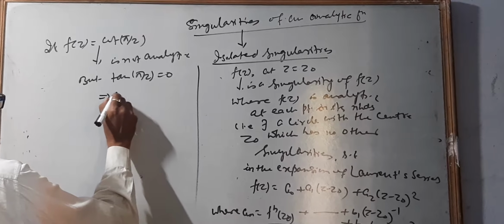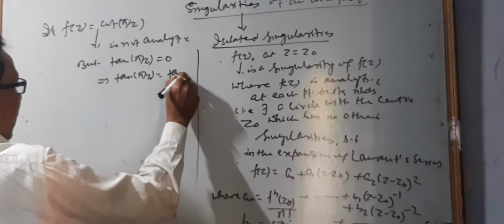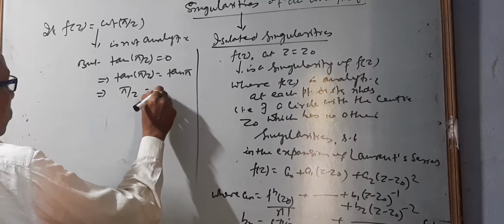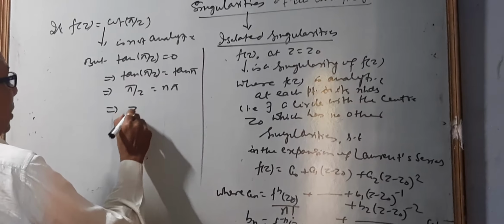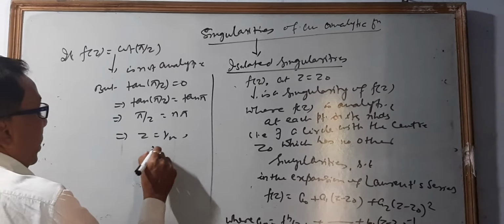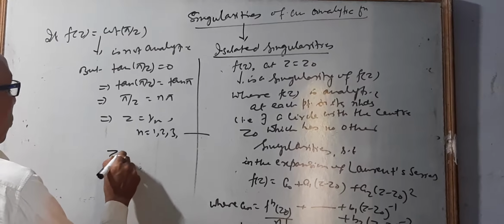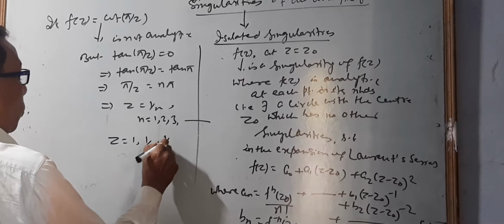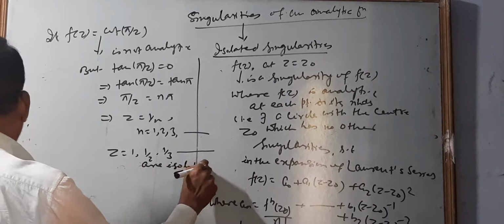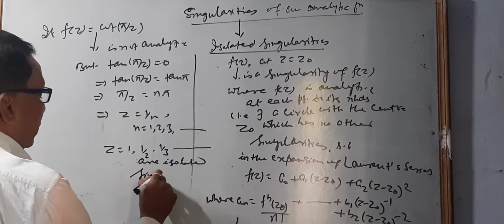That means tan pi upon z equal to tan n pi. That means pi upon z equal to n pi. That means z equal to 1 upon n, where n equal to 1, 2, 3, etc. That is z equal to 1, half, 1 by 3, etc. are isolated points. That is singularities.